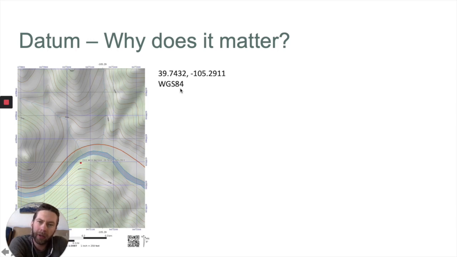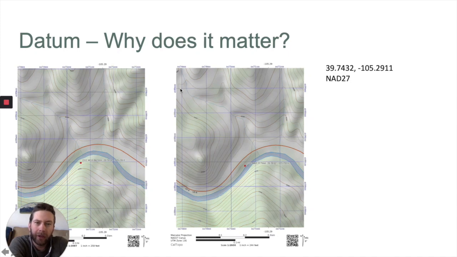Now, if we take the exact same coordinates and plot them in NAD27, so you can see that these are the exact same coordinates, and now we are on the opposite side of Clear Creek here in Colorado. So in WGS84, the coordinates plot you on the south side of Clear Creek. In NAD27, they plot you on the north side of Clear Creek.